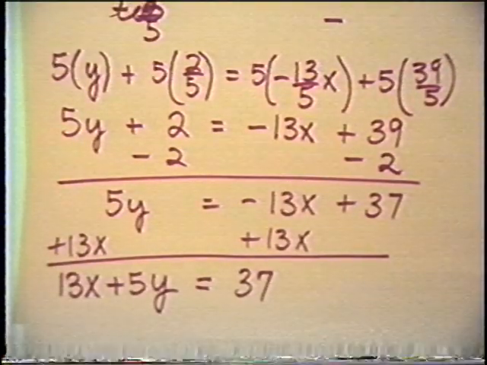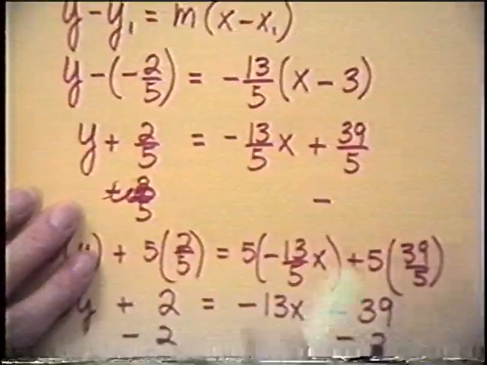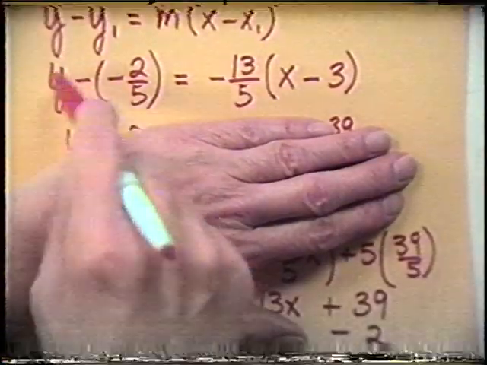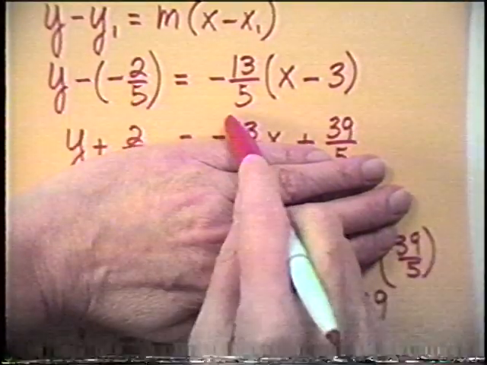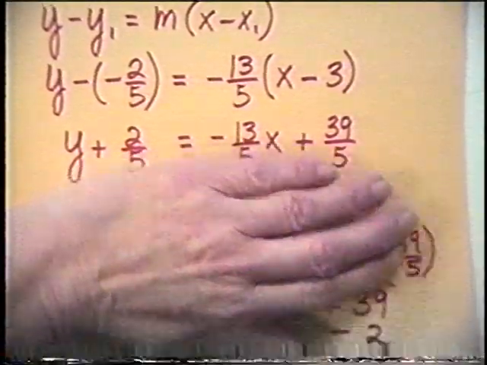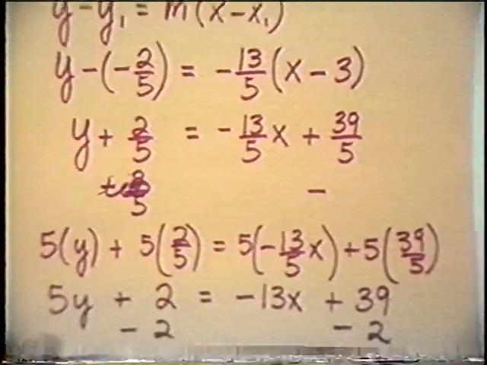That's up to you. You could have gotten rid of your fractions right here. We've done that. 5 times this, well, we would change those signs first, but 5 times this one, 5 times this one, and then 5 times this quantity, which would have just left me as a negative 13 times x minus 3. That would be all in your choice.